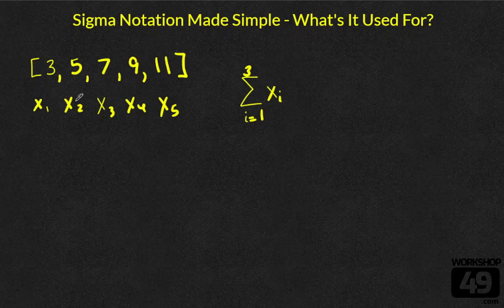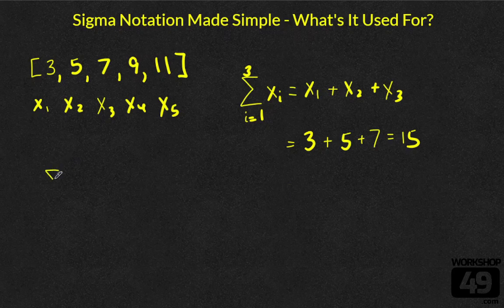So x1 plus x2 plus x3, which is going to equal 3 plus 5 plus 7, which equals 15. So instead of just using an i, we turned our i's into a term number: our x1, our x2, and our x3.